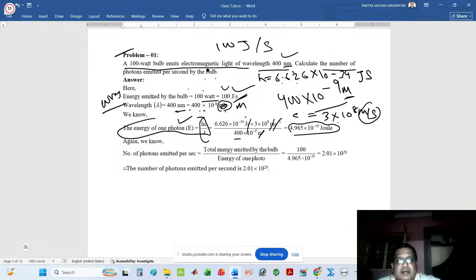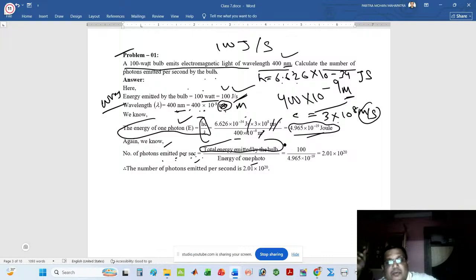Calculate the number of photons emitted per second by the bulb. Actually, the energy of one photon is this amount. We again know that the number of photons emitted per second means total energy emitted by the bulb divided by energy of one photon.